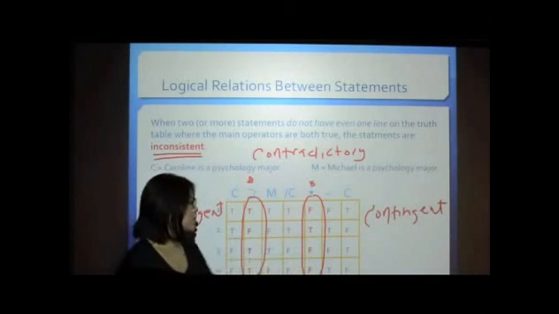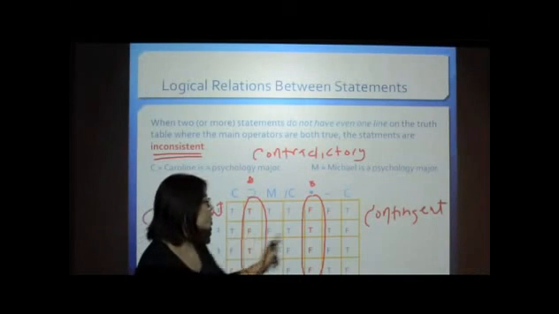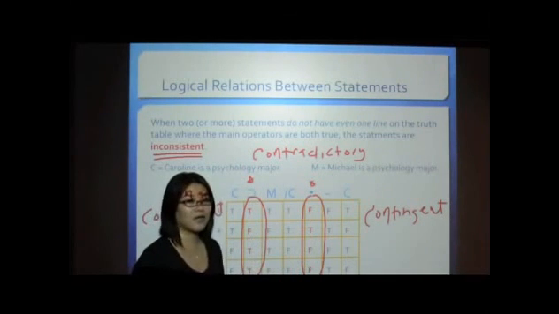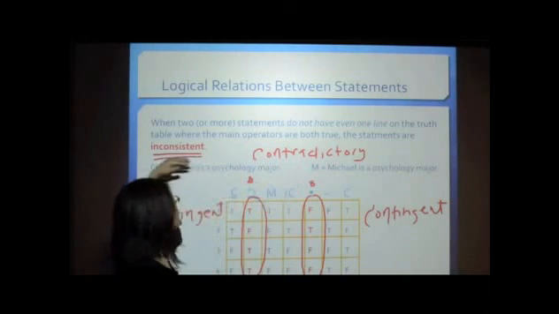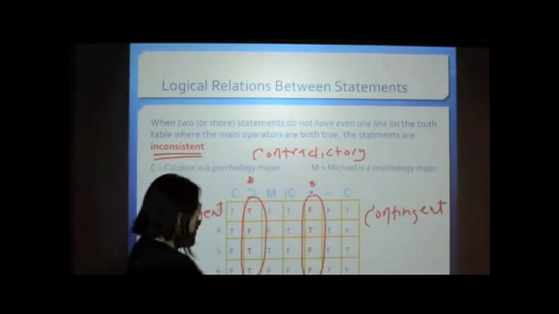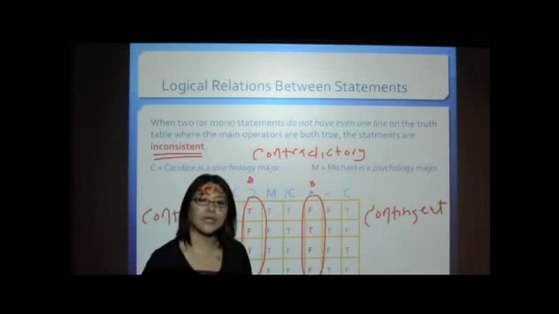There's not a single line where both of these statements are true at the same time. Because of that, they are also inconsistent statements. It's always going to be the case that contradictory statements will be inconsistent statements. However, it is not the case that inconsistent statements are always contradictory statements.